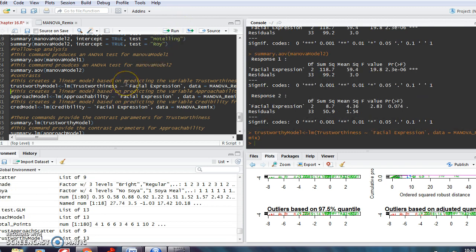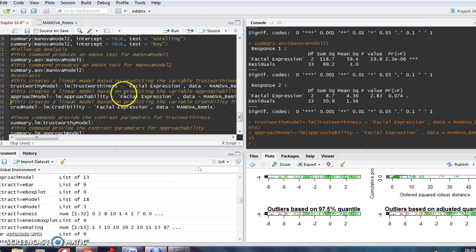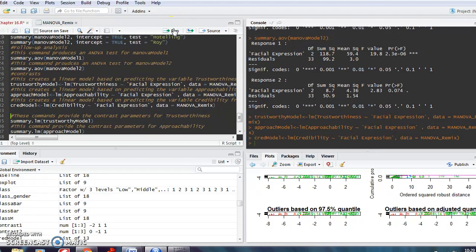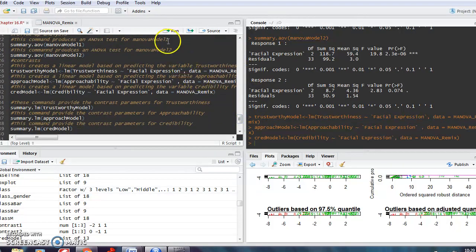It creates the trustworthy model and acts on the linear model function. And then we can do the same thing for approach model, and the same thing for credibility, and we call it cred model. So now that we've created our models, we can execute summary.lm to get the contrast parameters.